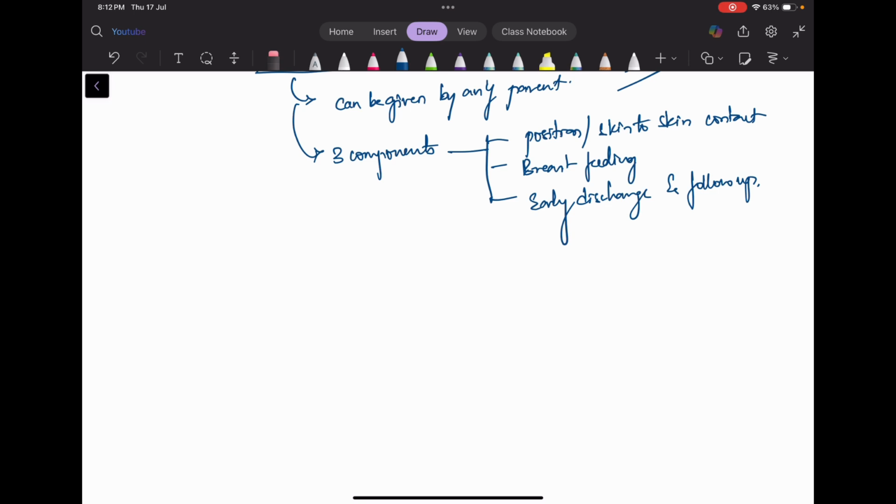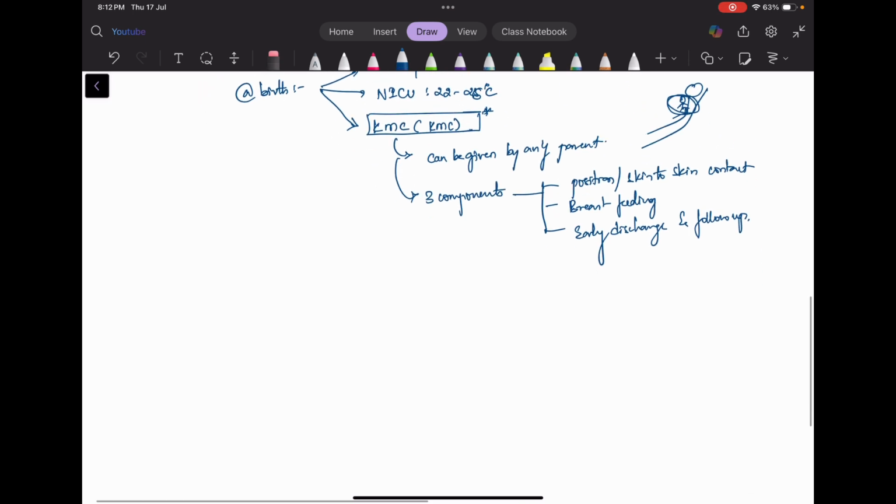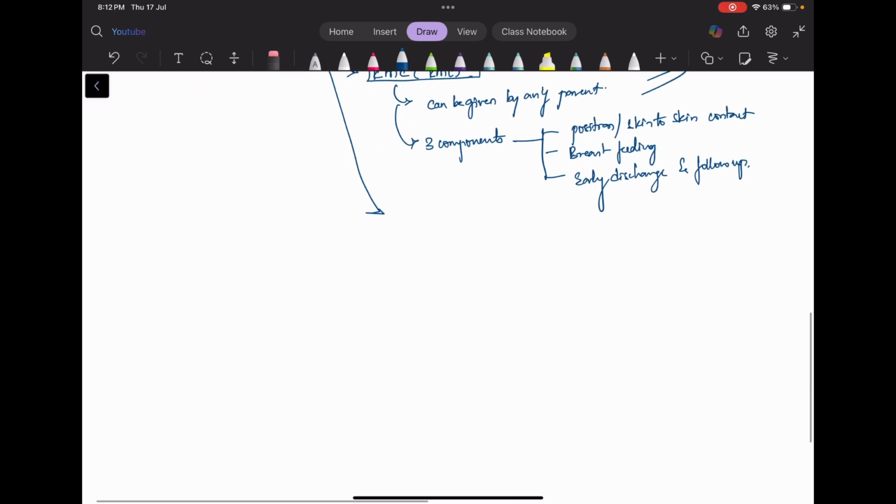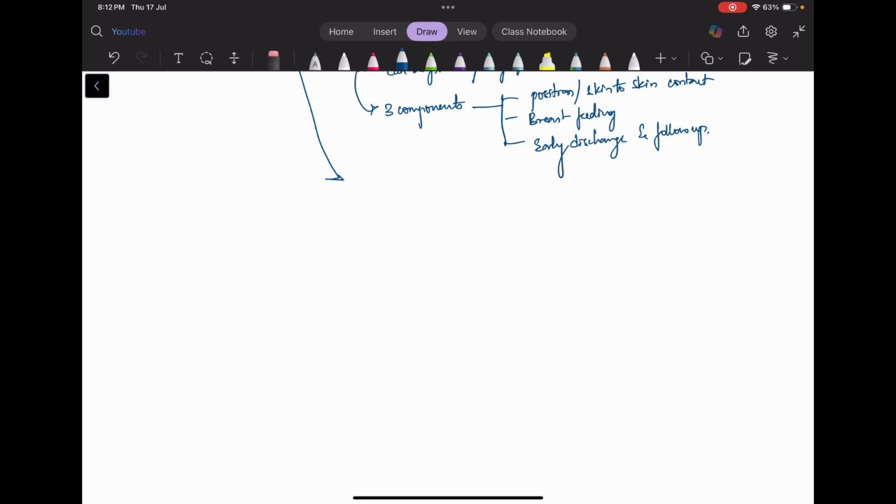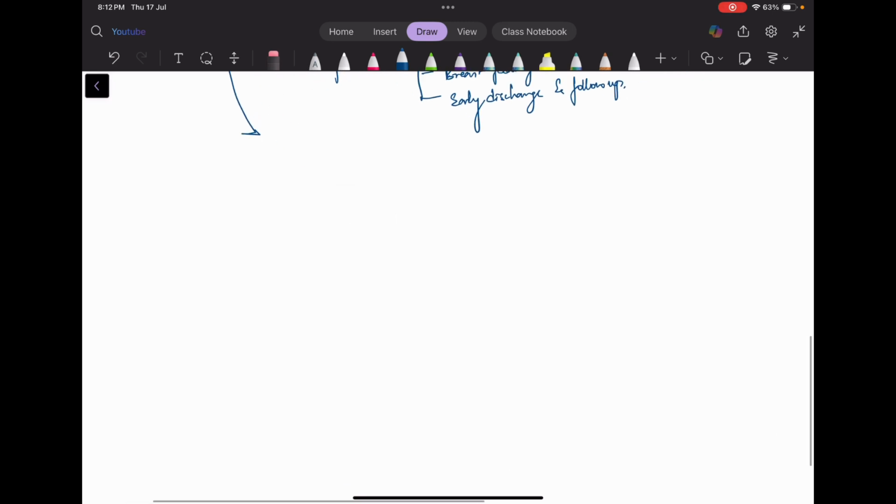So next, what all we can do? Yeah, when we take the baby, we'll take it to the radiant warmer or incubator. So write down incubator, then radiant warmer.